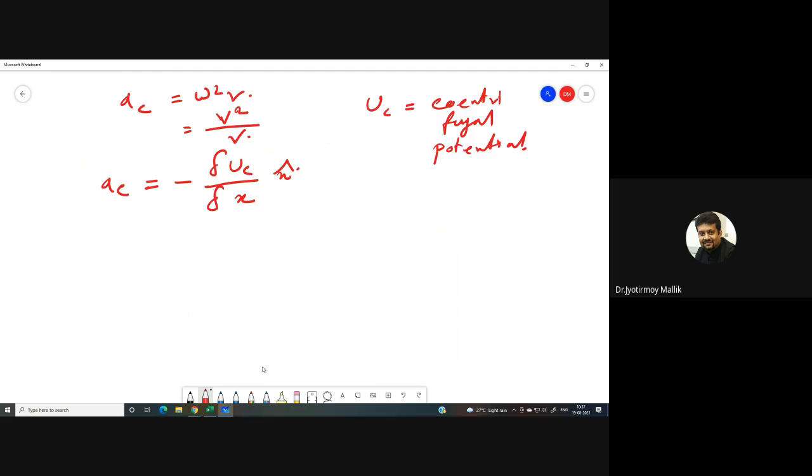So we can write that this is equal to omega square X, right? So then UC will be half omega square X square.